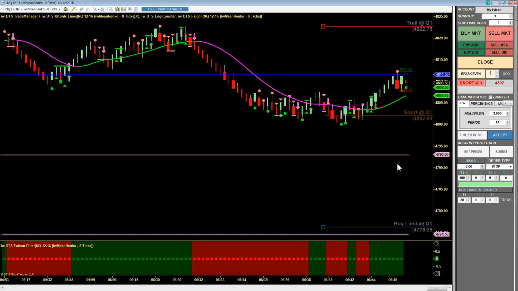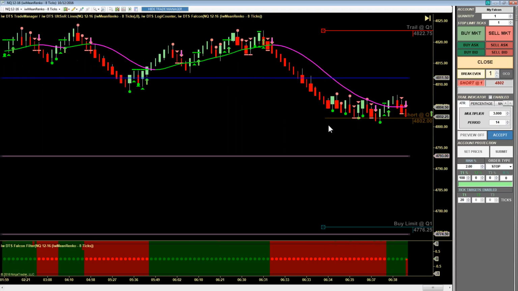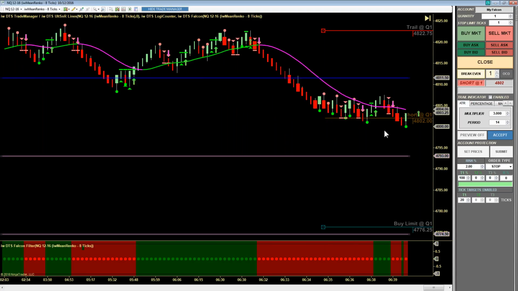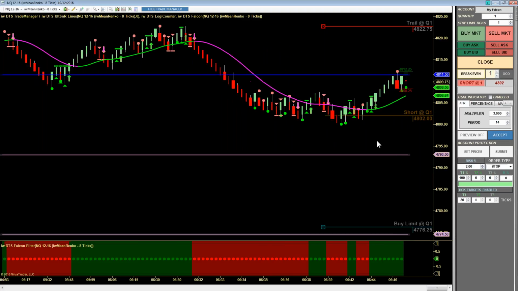Possibly off of the lows down here, right at 4,800. Honestly, I was a little hesitant to take that, but hey, it's a demo room, so I gotta demo something here. I still think they owe us one more move lower. Once we see the sellers come back into the market, I can start to take my stop and I'll start to roll it down.